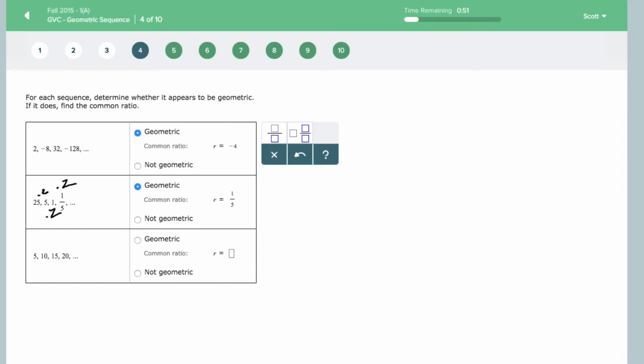And I get that because I can do 0.2 math, enter, enter on the calculator, and I see it's 1/5. And again, the ratio is always better to do in fraction form. Now to get from 5 to 10, I either times 2, but 10 times 2 is not 15, so it is not geometric, and I'm done with that question.